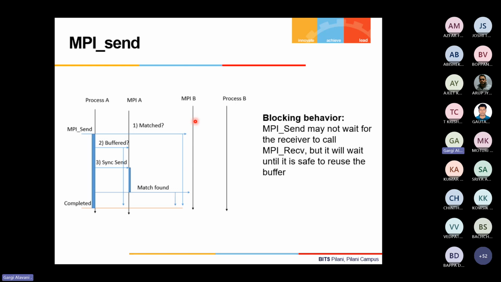At that time, if MPI send is not able to buffer the data, it will have to wait till someone receives it. But if it is a small message, it can just get buffered and then start communication with another message, or do some other computation task.